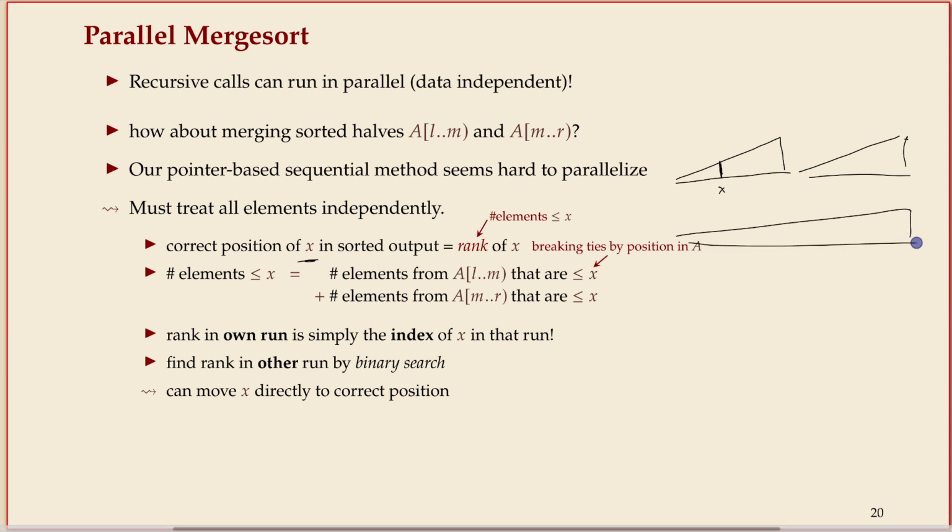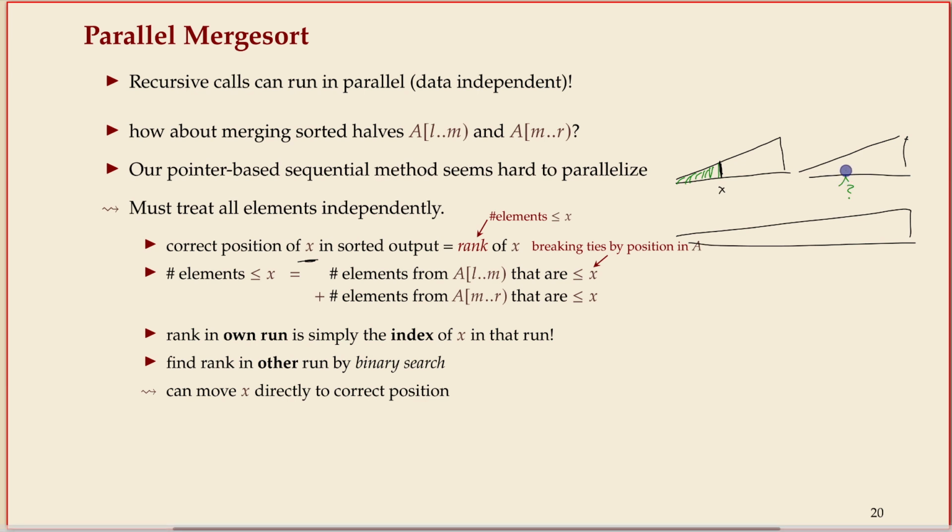Well, it goes at the position of its rank, namely the number of elements that are smaller is its position, plus minus 1. How many elements are smaller than x in this run? Well, that's exactly the position in that run, because it's a sorted list. In here, we don't know. We have to search where x goes.